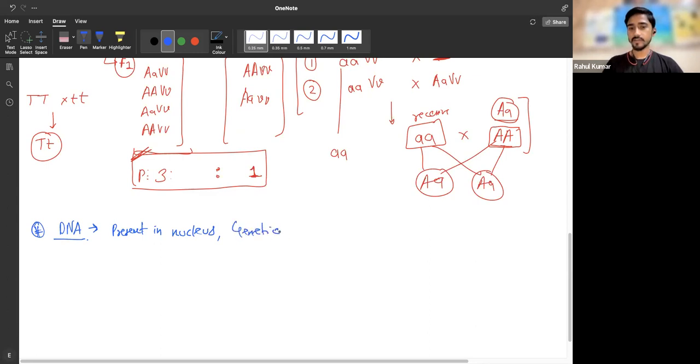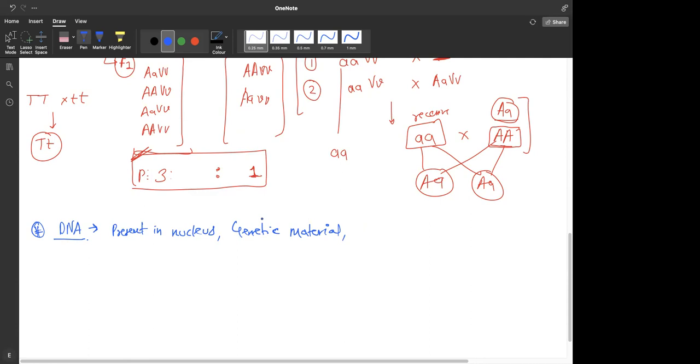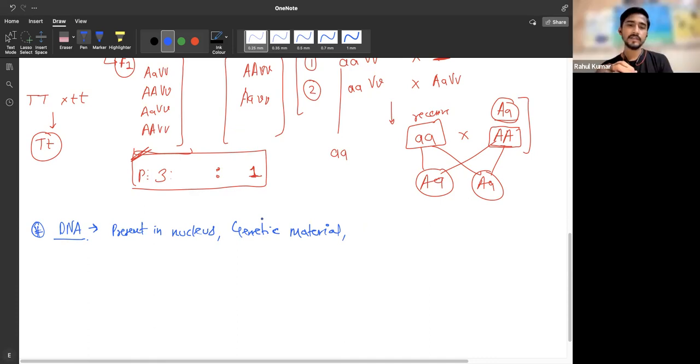You have always read this word, genetic material. This is the genetic material of any organism. And what does it contain? What is the function of DNA? Whatever is inherited is present inside the DNA. So you mean to say that our DNA is the blueprint of everything that we are.